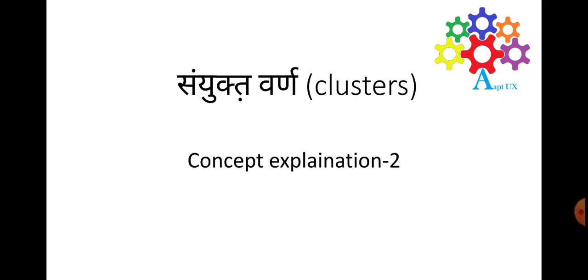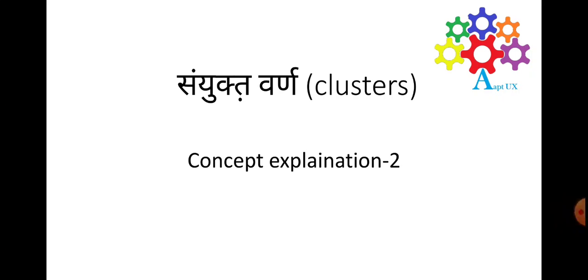So let's get back to our Sanyukta Varna clusters, right? In our last video on Sanyukta Varna, we learned the basics of Sanyukta Varna. In that video, I told you that when R comes in Sanyukta Varna, it is special.